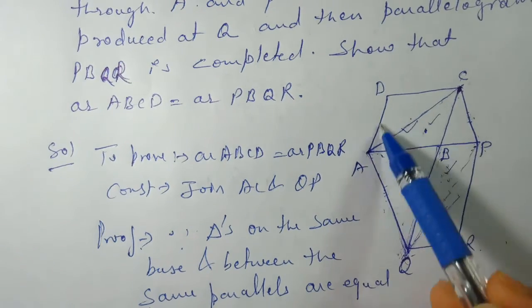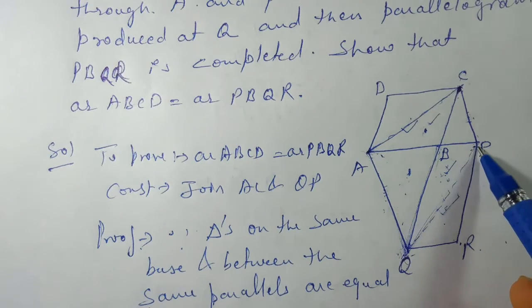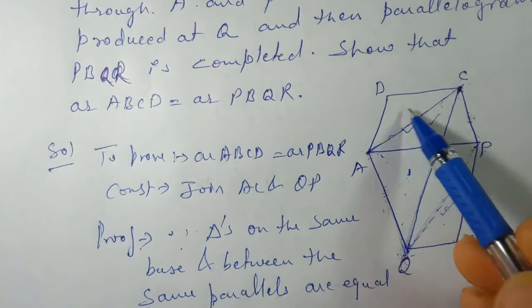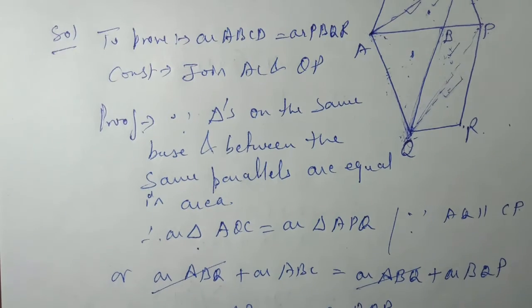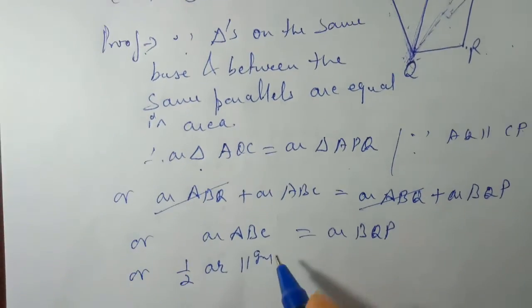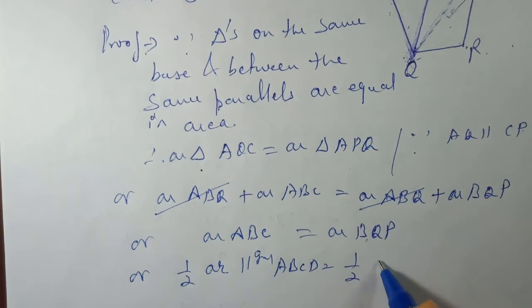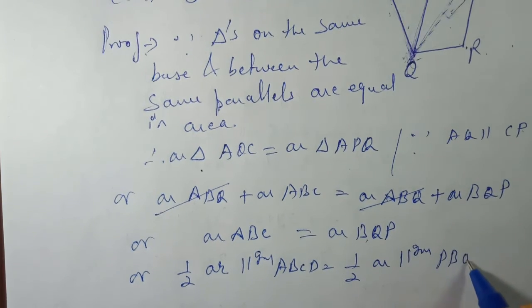This triangle ABC is half of the parallelogram, and this triangle BQP is half of this parallelogram, because diagonals divide a parallelogram into two triangles having equal area. So this we can write as half of area of parallelogram ABCD equals half of area of parallelogram PBQR.